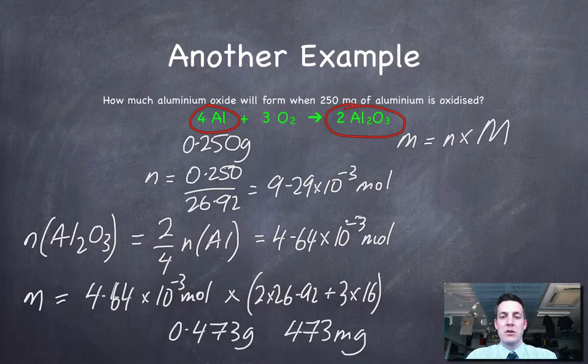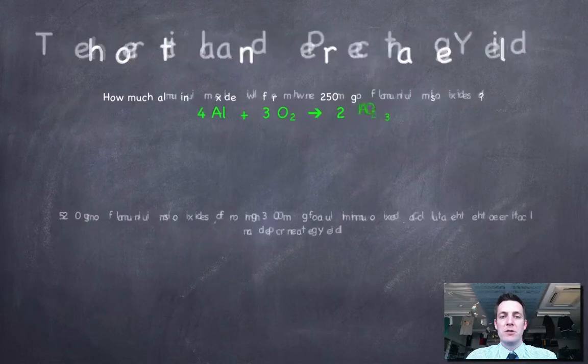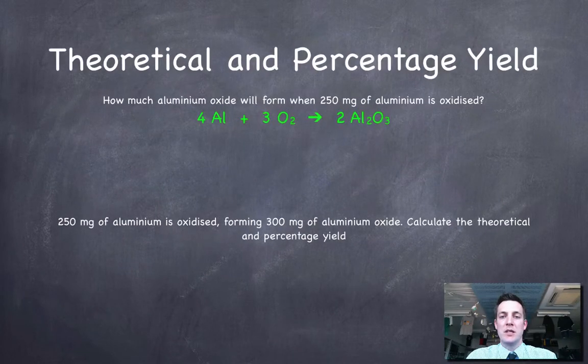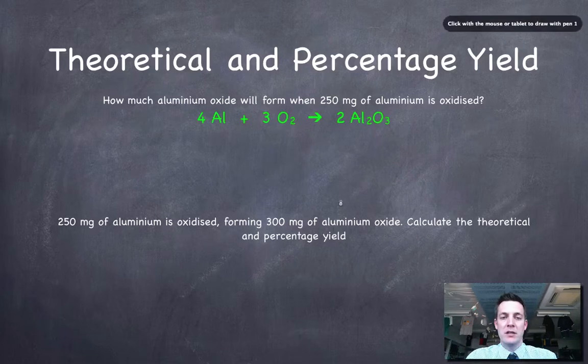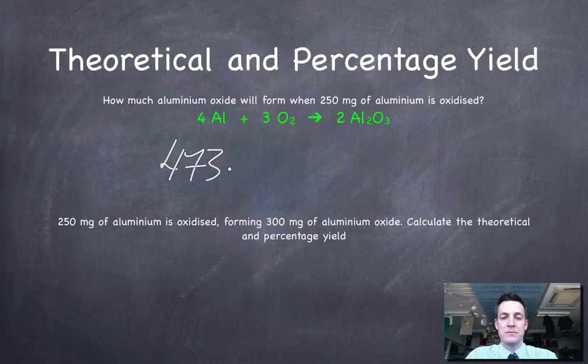Now this leads me on to talking about the difference between a theoretical and a percentage yield. Bearing in mind that we've just calculated how much aluminium oxide will form when 250 milligrams of aluminium is oxidized, we decided that would be 473 milligrams. This is what is called our theoretical yield.